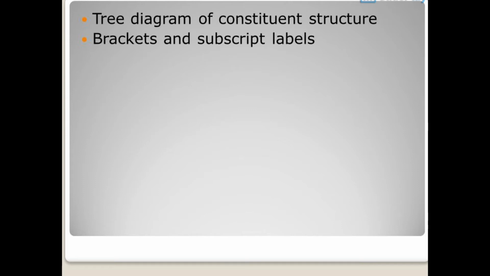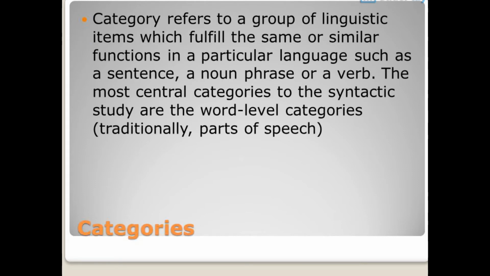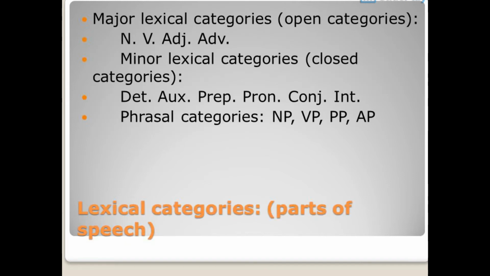Brackets and subscript labels. Category refers to a group of linguistic items which fulfill the same or similar functions in a particular language, such as a sentence, a noun phrase or a verb. The most central categories to the syntactic study are the word-level categories, traditionally, parts of speech. Categories: lexical categories, parts of speech.